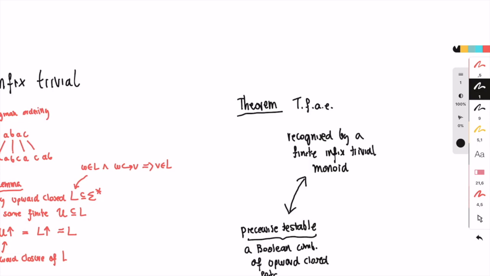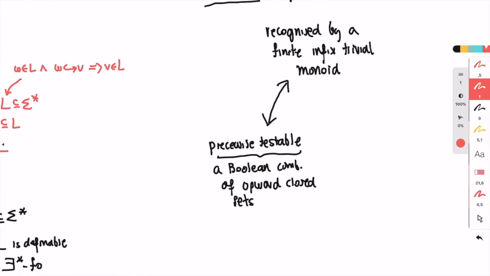But before we do that, let me explain the name piecewise testable. The idea is that a language is a Boolean combination of upward closed sets if and only if it's a Boolean combination of upward closures of finite languages, if and only if it is a Boolean combination of upward closures of individual words.